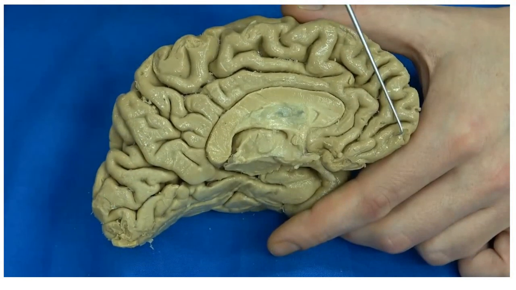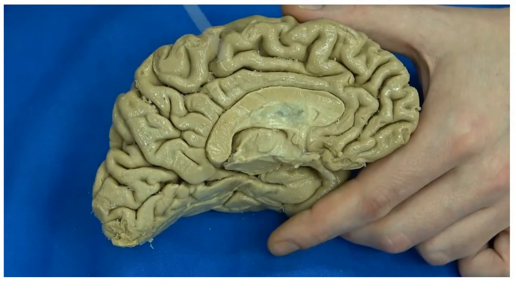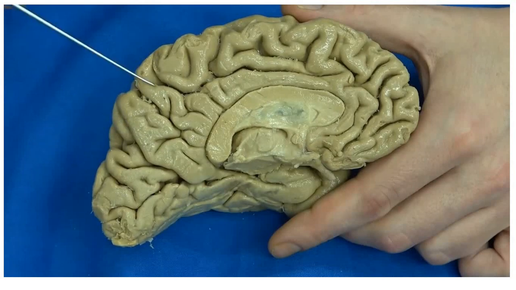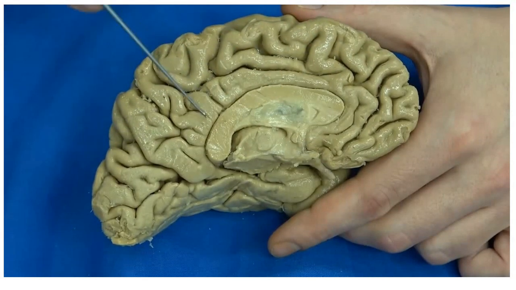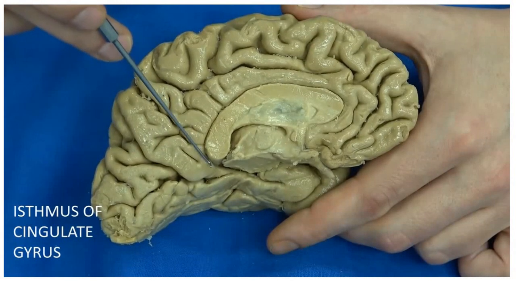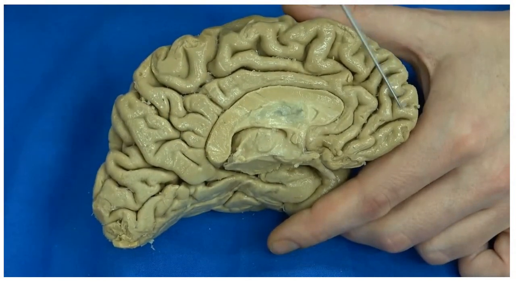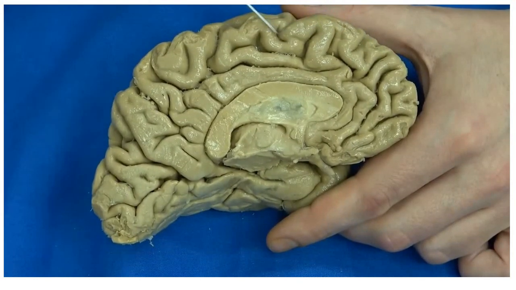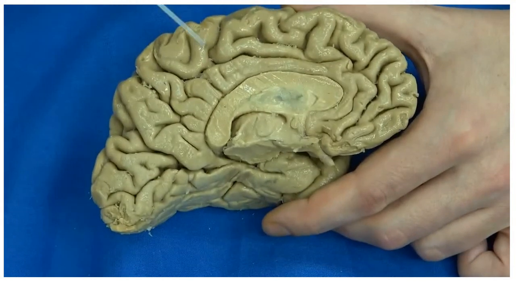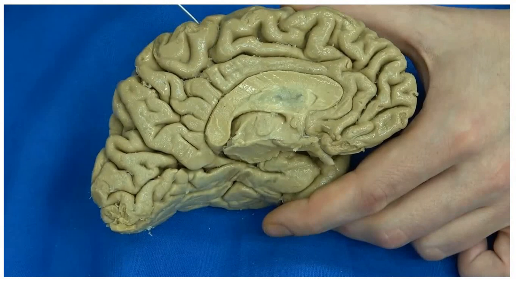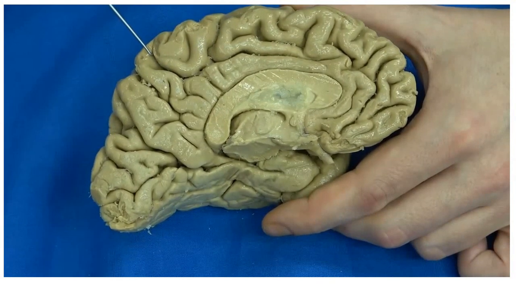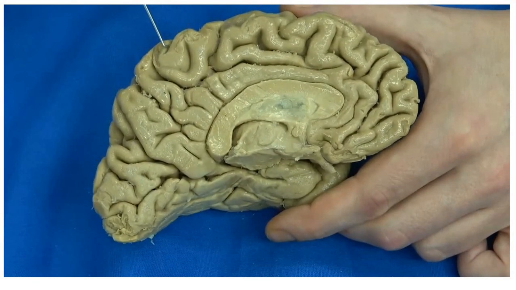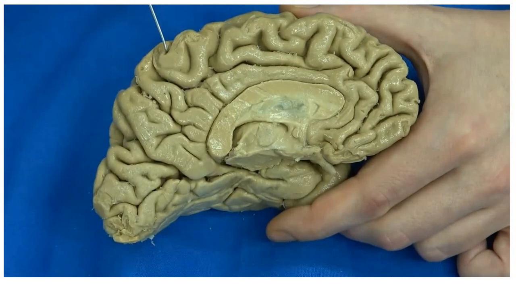Of course, we can observe parts of the cerebral cortex, the gyri, the cuneus, the precuneus, the cingulate gyrus moving into its isthmus, the medial part of the superior frontal gyrus, and right here the paracentral lobule with a bit of this notch which we can see, which is the central sulcus.